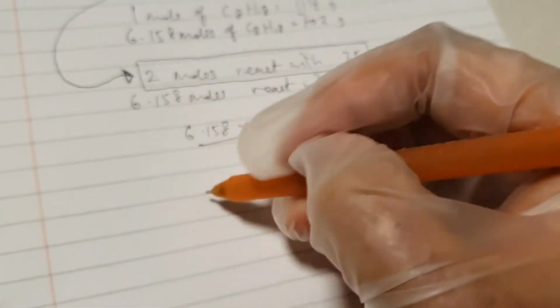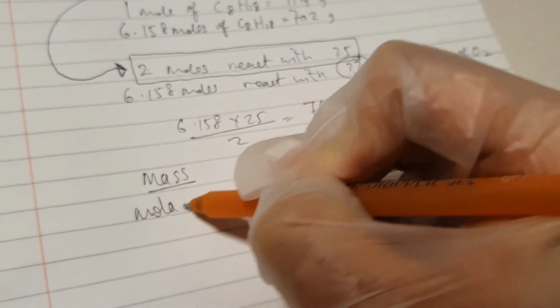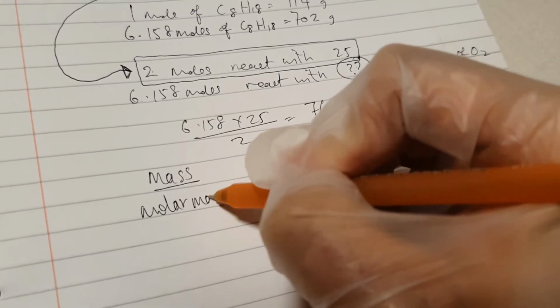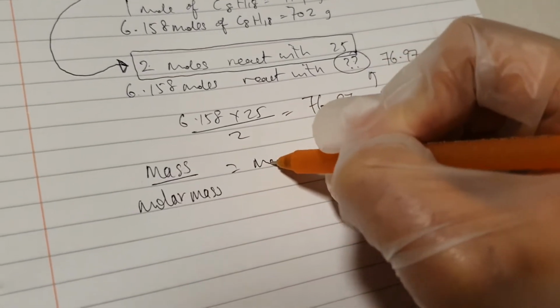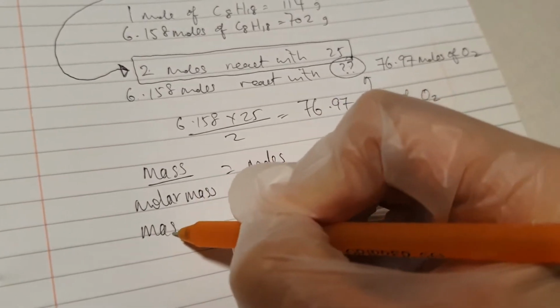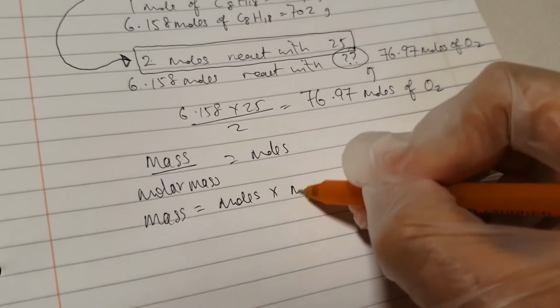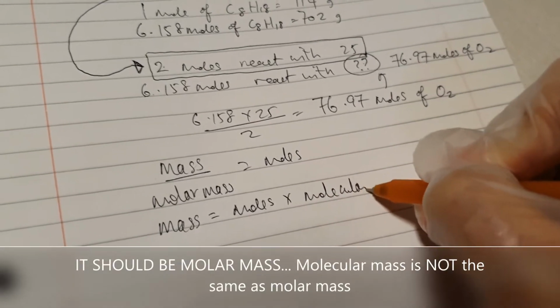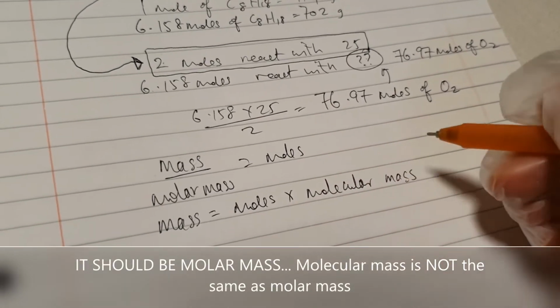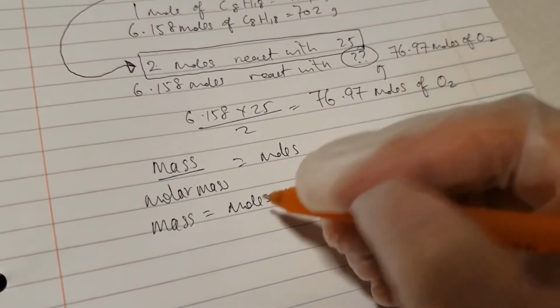Molar mass equals mass over moles, rearranging, we get mass is equal to moles times molecular mass, or molar mass. I'm using them interchangeably.